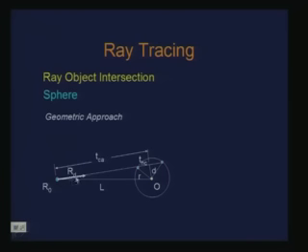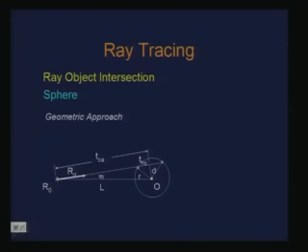Right. Now, geometrically I also have, so if I form this line through r naught in the direction of r d, this particular length is nothing but the radius of the sphere, right. Let us say this distance is the distance d from the origin of the sphere to the ray direction, right.